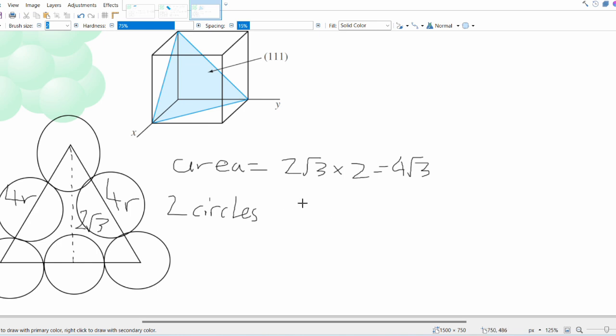And each circle is pi in area, so it's going to be 2 pi over the total area, which is 4 root 3, which should equal about 90.7%.